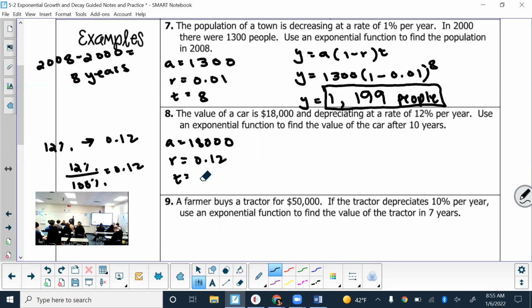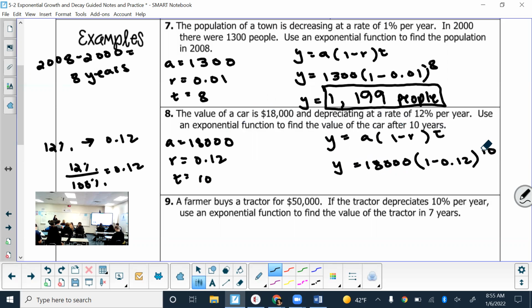It is 10. Plug it into your formula. Make sure you're using the correct formula since it is decreasing. Right? You don't want to end up with an answer that is greater than the initial amount. So plug it in, 18,000, parentheses, 1 minus 0.12 to the 10th power.